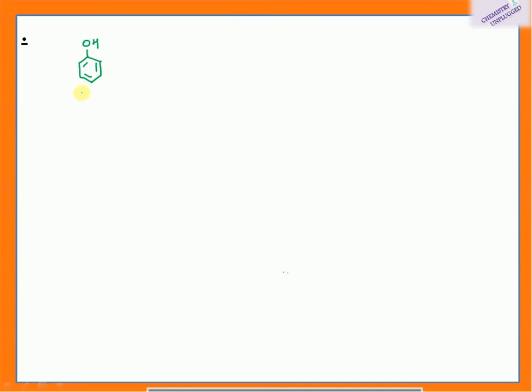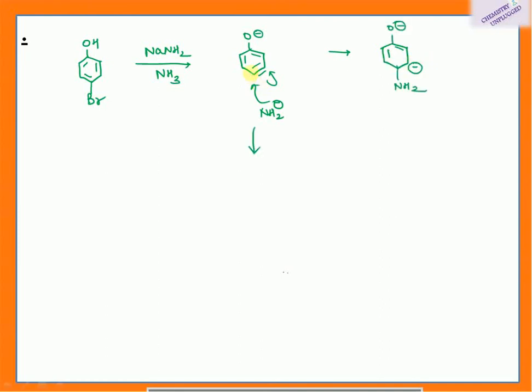Next, suppose I have an electron repelling anion here, like I have O minus at this position instead of R. So when we use a base, this base will remove this Br as well as this proton. So it will generate an anion here. If we place a negative charge at this position, after shifting of this bond, we get an intermediate like this.